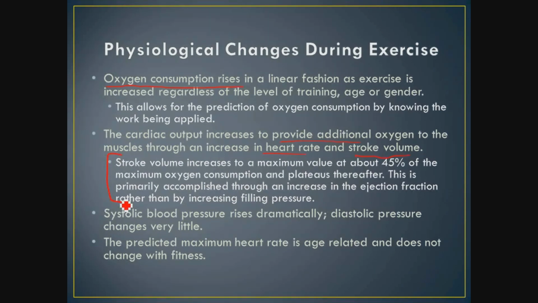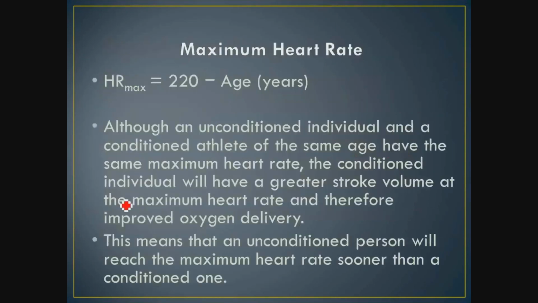Systemic blood pressure goes up. Systolic blood pressure goes up. Diastolic does not. That's a normal response. And there is a predicted maximum heart rate that is age-related, and it really doesn't matter how fit I am, my maximum heart rate is still that maximum heart rate. We'll talk about that.